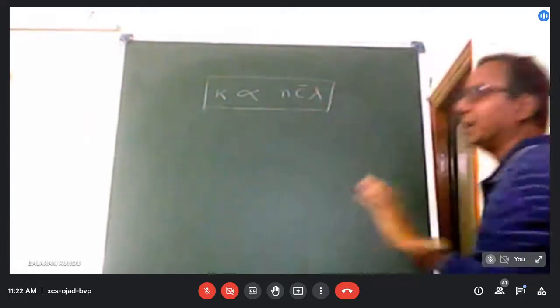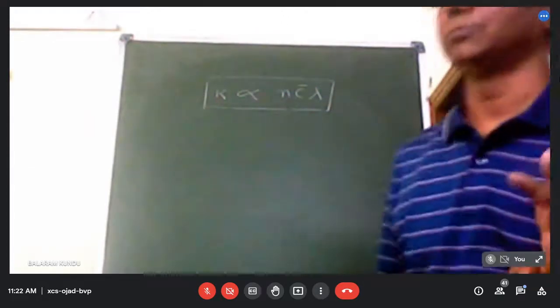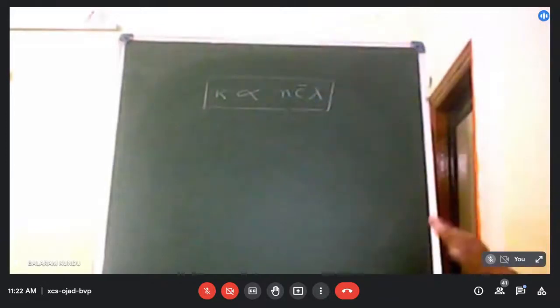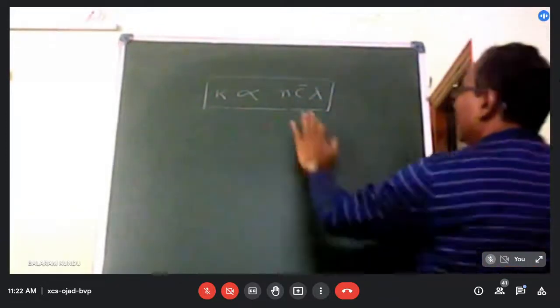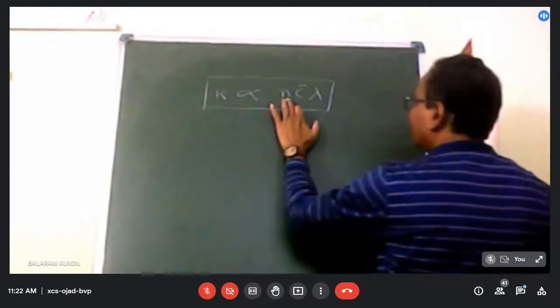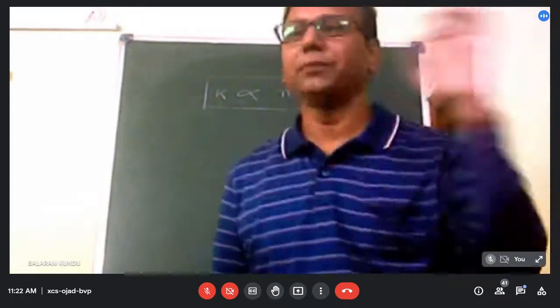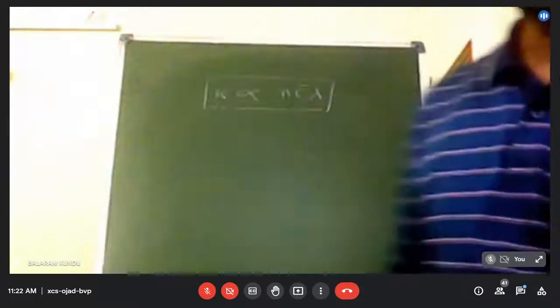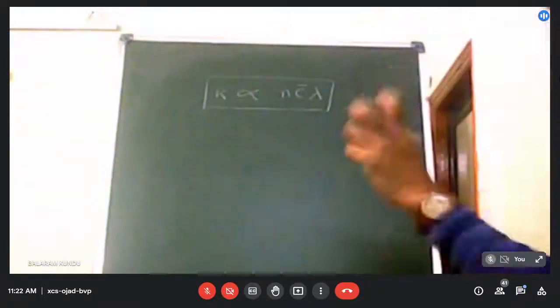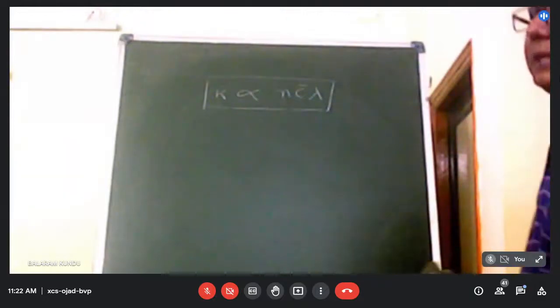N is the number of molecules per unit volume. C bar is the mean speed of the molecules, the average speed. And lambda is the mean free path.